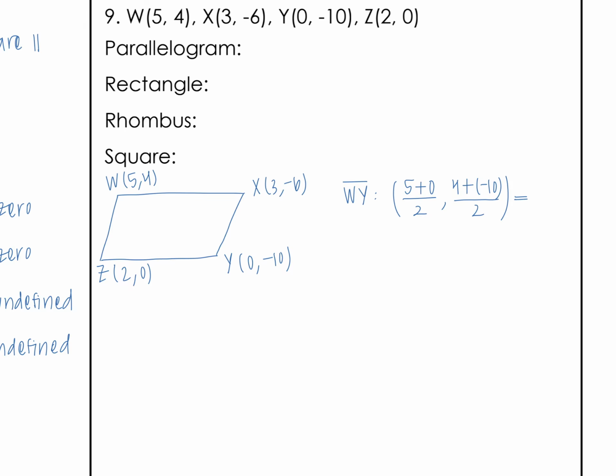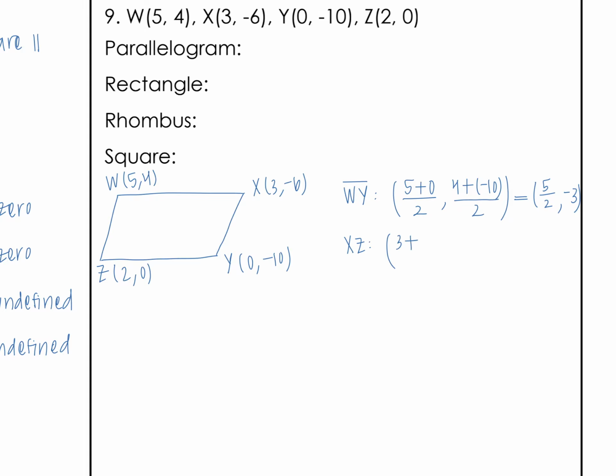All right, so when I simplify, 5 plus 0 gives me 5. I'm going to just have that 5 over 2. And then 4 plus negative 10 is going to give me negative 6. Divided by that 2 gives me negative 3. Okay, and then moving into my other diagonal, we've got XZ.